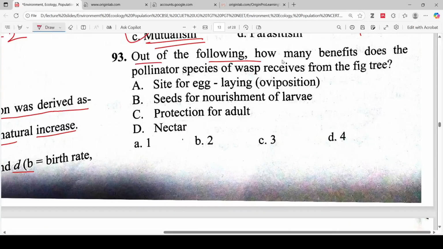Next question. Out of the following, how many benefits does the pollinator species of wasp receive from the fig tree? A site for egg laying, oviposition, seeds for nourishment of larvae, protection for adult, and nectar. So from these four you have to choose the correct answer. So the B will be the correct answer.